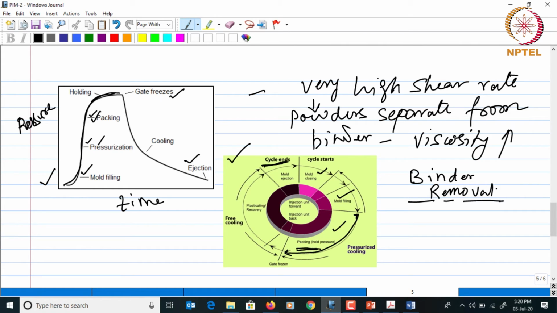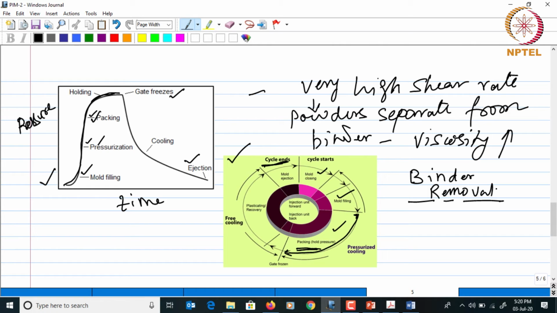The binder is actually a volatile matter, and if it is not removed before sintering, then it will leave behind porosity, as it leaves the component during the high temperature heating that takes place during the sintering process.